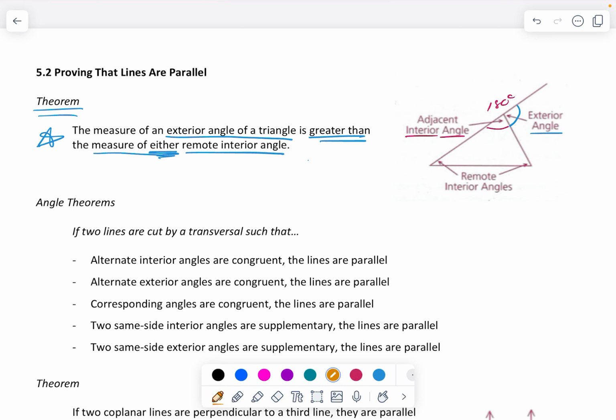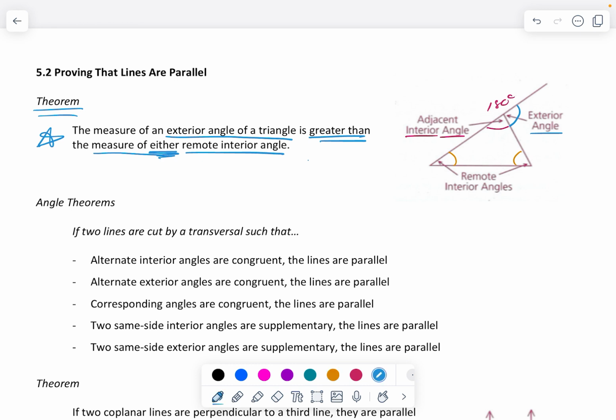Remember that also the sum of the angles of a triangle equal 180. So actually, the blue angle, the exterior angle, is equal to the sum of both remote interior angles. So the theorem is saying that the exterior angle is greater than either remote interior angle, so either one of them.